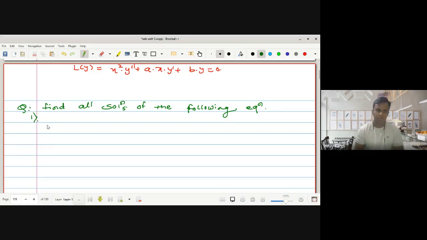Okay. First one, x square y double dash plus 2xy dash minus 6y is equal to 0.